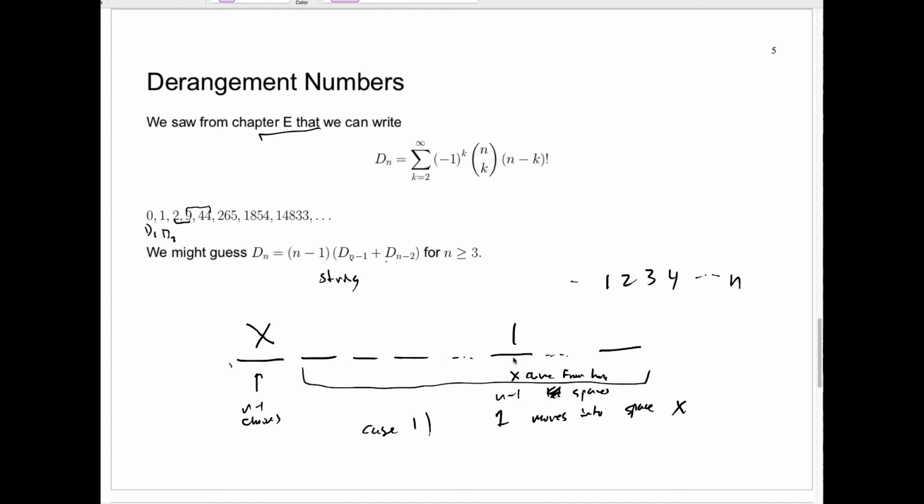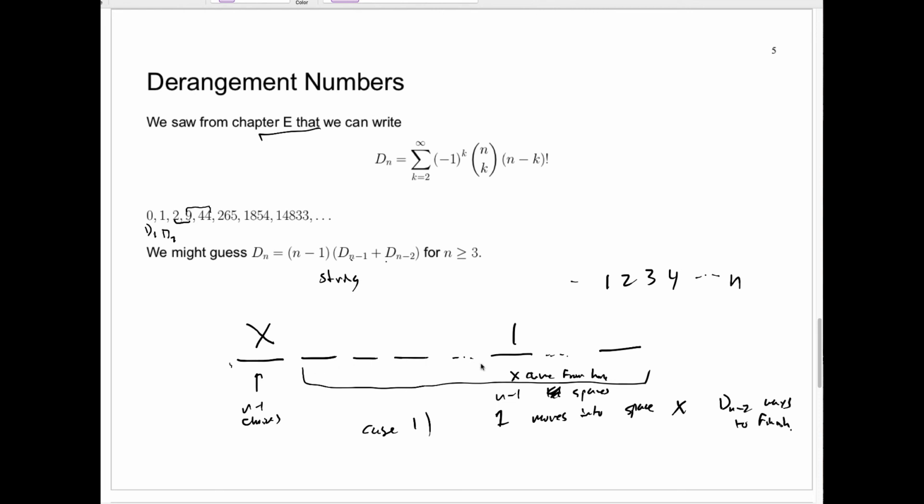We have n minus 2 remaining spaces, and I claim if we want to fill those in to get a derangement of this original string, there are going to be d sub n minus 2 ways to finish. Why? Because these spaces can take any letters they want, except no number can stay in its own space.